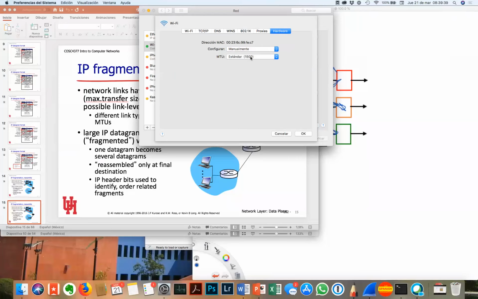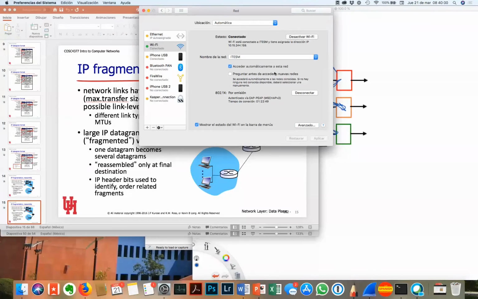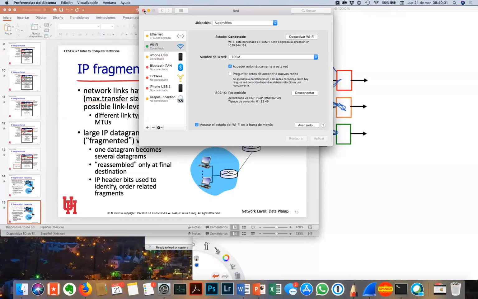If I want to change it, I can make it something smaller. So if your network is not acting well and it's dropping packets, one of the things you can try is just shrinking the size of your packets. Smaller critters have a better chance of getting through the space that's left than big critters do. Right? So you can try changing that, and you have the ability and the permission to do that.